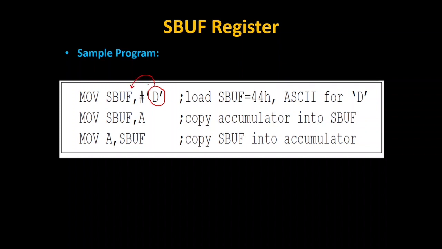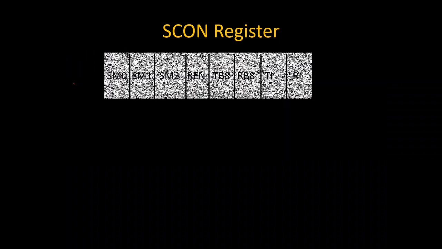Actually, I am not going to save the value of D, it is the ASCII value of D. Whatever value of D is going to be there, that is going to be saved inside my SBUF register. I can use it with register information also. So I can move the information from accumulator to SBUF register to accumulator. All those things are possible with respect to SBUF register. So this is for general understanding.